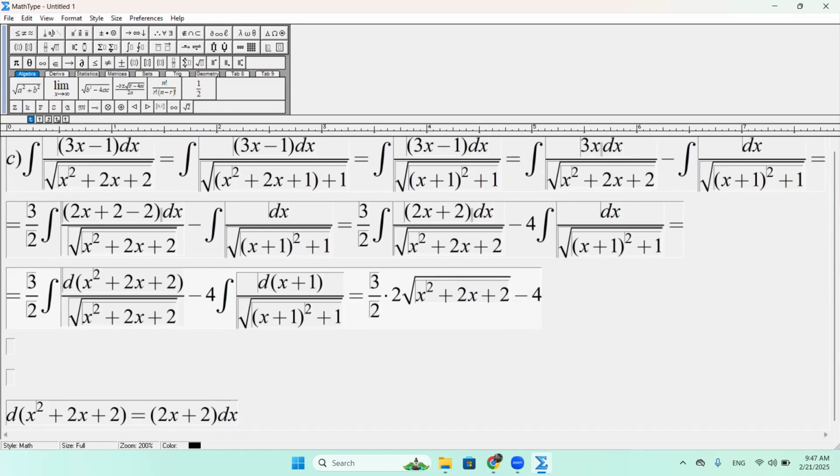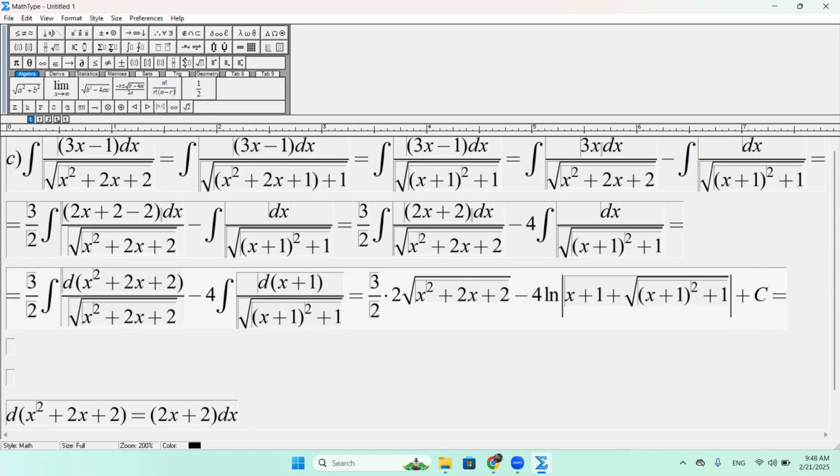And we have such an integral, so logarithm of x plus 1 and plus this square root, plus c. So actually this is the final answer.